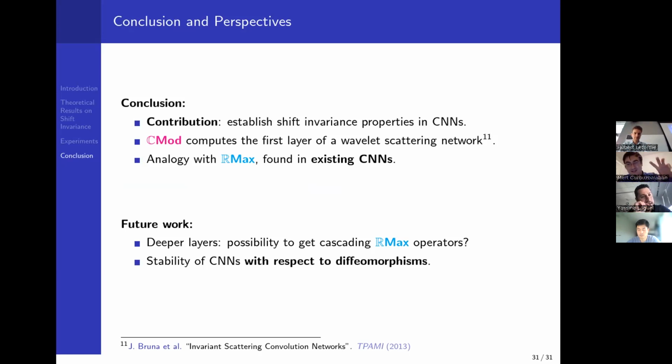Here you are using that the max operator can be represented in the complex domain, right? But if it's a softmax or something else, then will you still have some sort of complex filter if it's not max?